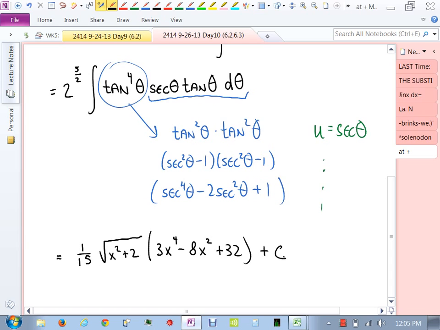And your answer will probably be this part right here, distributed through to each one. They factor this out. But that's what that should all turn out to be.